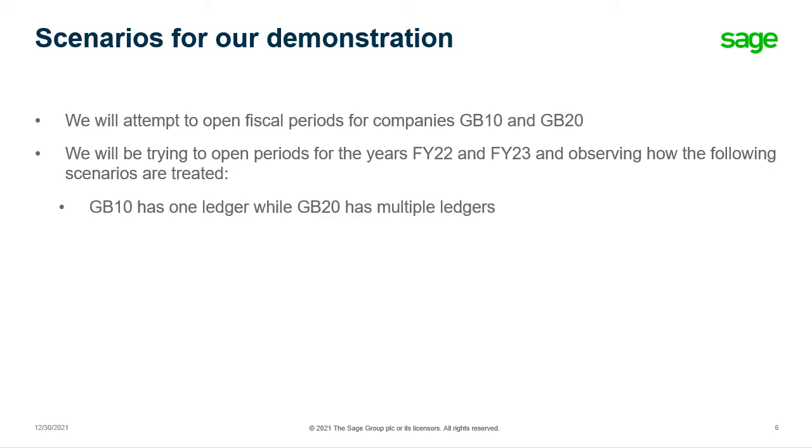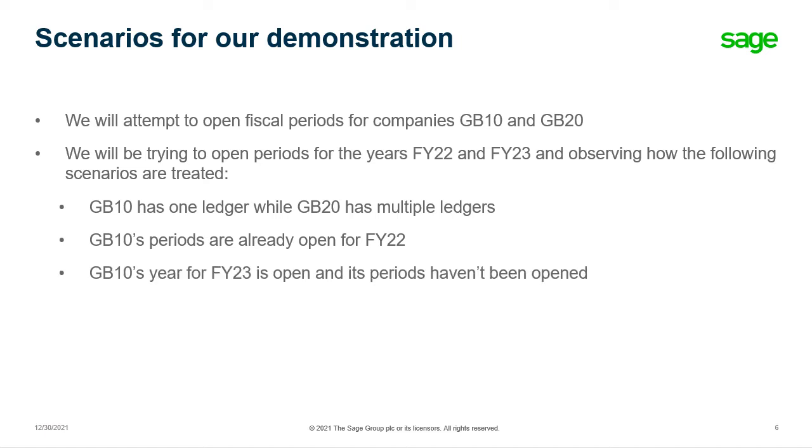GB10 has one ledger, while GB20 has multiple ledgers. GB10's periods are already open for fiscal year 22. GB10's year for fiscal 23 is open, but its periods haven't been opened.